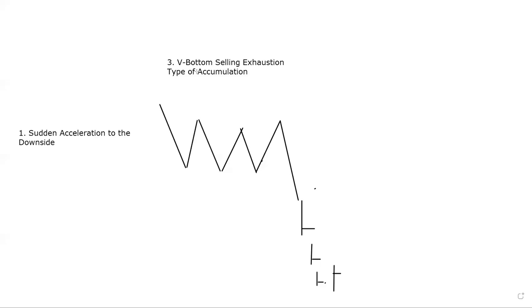So V bottom selling exhaustion type of accumulation means that on this bar, you will see a huge volume. Got it? Then on this bar, this is selling exhaustion, you will see decreased volume.